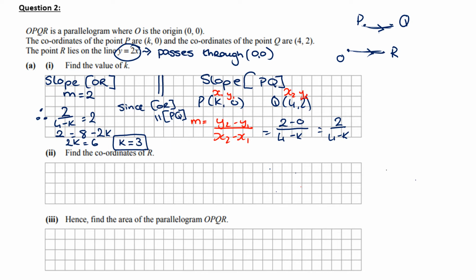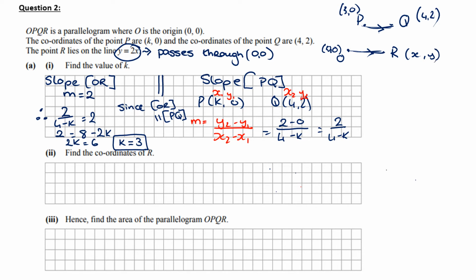So the next part asks us for the coordinates of R. We now know 3 of the points. We have the origin, (0, 0). We have the point P, which instead of (k, 0) we can now say is (3, 0). Q is (4, 2), and R is some (x, y).